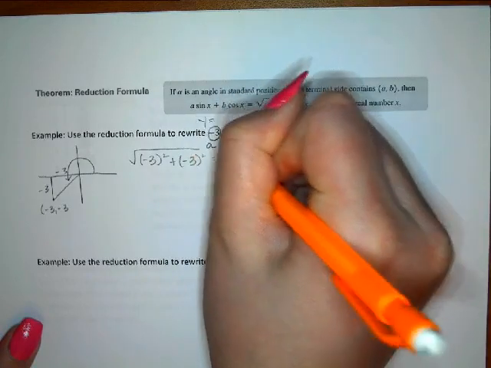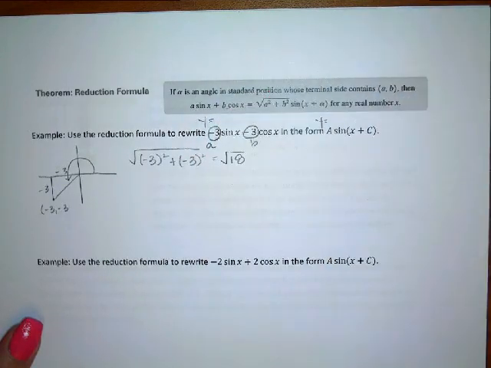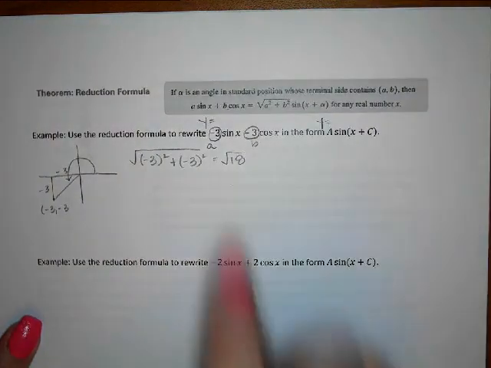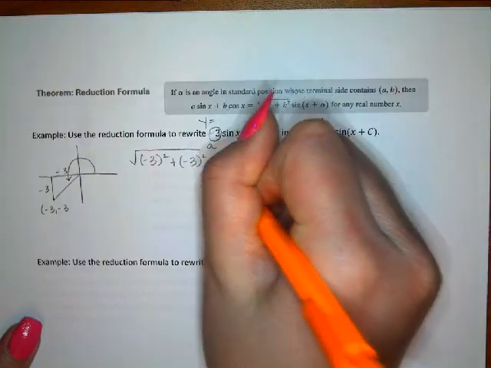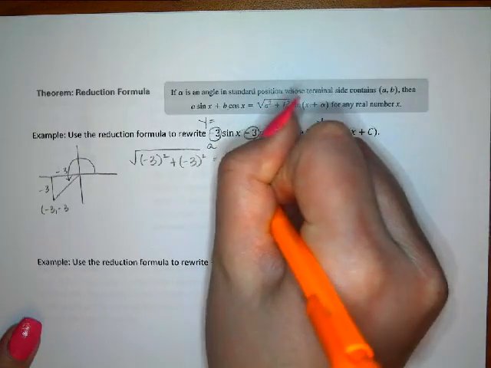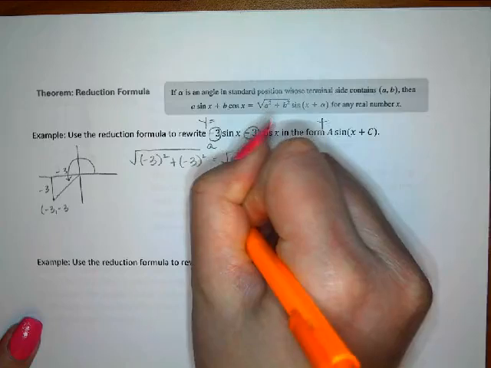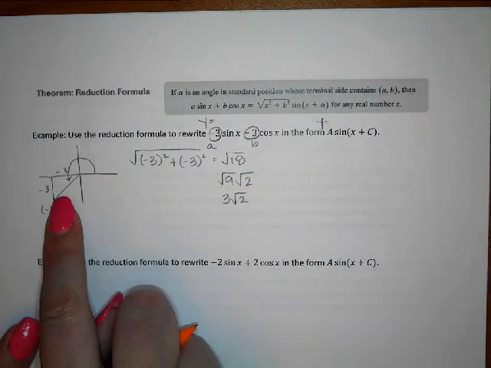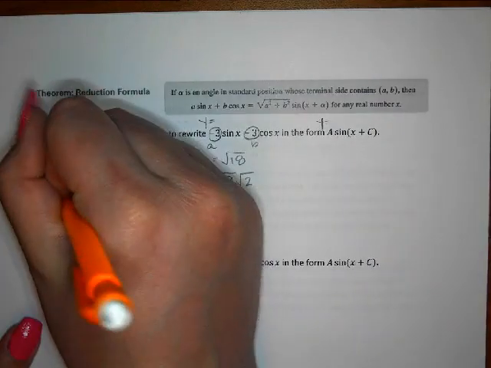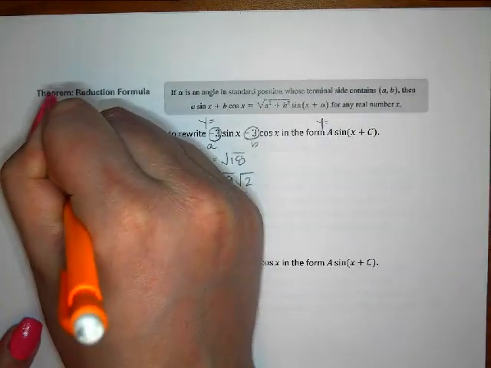And that's a square root that can be reduced. The square root of 18 is the square root of 9 times the square root of 2, which is 3 times the square root of 2. So for this triangle that I drew, the hypotenuse is 3 times the square root of 2.